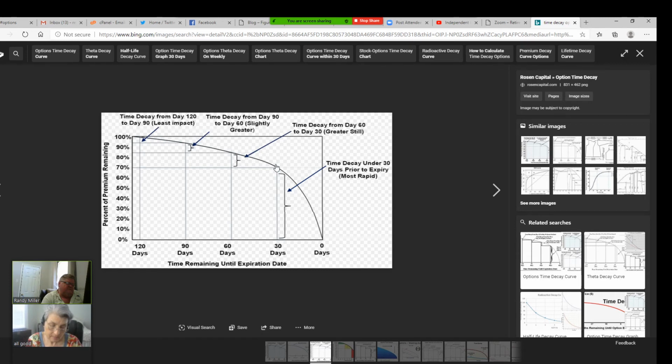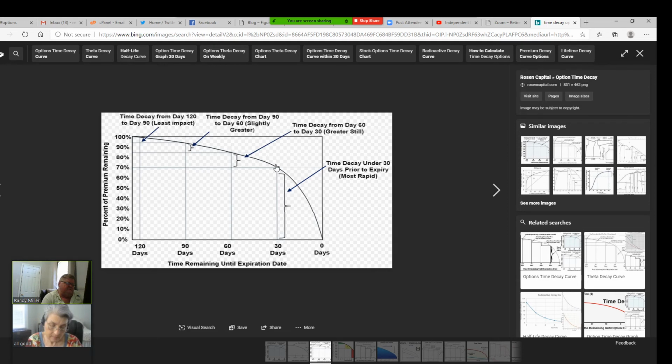Yeah, and once you see it, it's just a concept. Just anchor it into your mind that the closer you get to expiration, the faster that option's going to decay. So if you're selling it, that's a good thing. If you're buying it, that works against you. If you're buying it, you want to go as far out as possible.